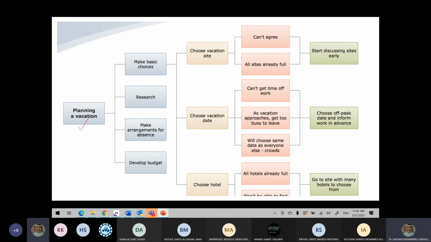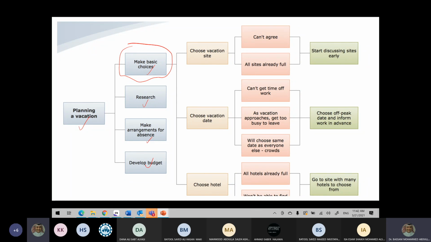This is one of the solutions that students give within the exam, in which I ask them to plan a vacation. And for planning a vacation, of course, they start putting the elements. They said, if I want to plan a vacation, I want to make a good choice. And of course, there could be others. Then I ask them to concentrate on only one of them. So if I want to make a good choice, I want to go to Turkey, for example.